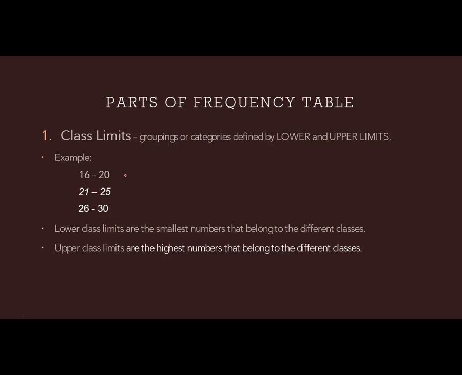So when we talk about class limits, our keyword here is actually the lower and the upper limits. In our example, we have 16 to 20. 16 here is the lower limit and 20 is the upper limit. Okay, 21 to 25. 21 is the lower limit, 25 is the upper limit.